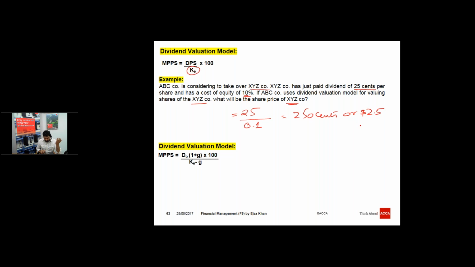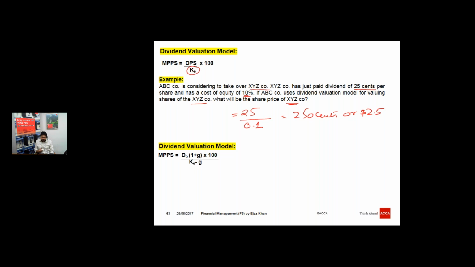Okay, it's very simple. All you have to do is take the dividend and divide it by the cost of equity. What you need to remember is the cost of equity should be for the target company which you are going to take over. Remember this. The cost of equity should always be of the target company.